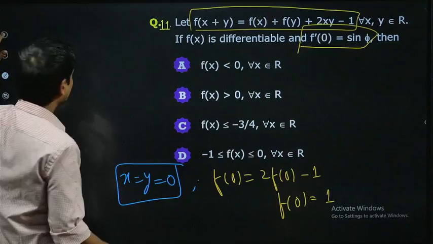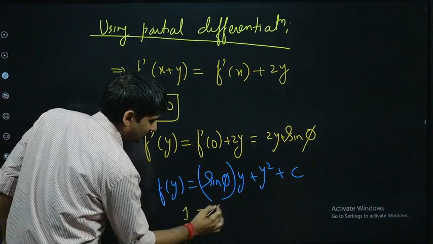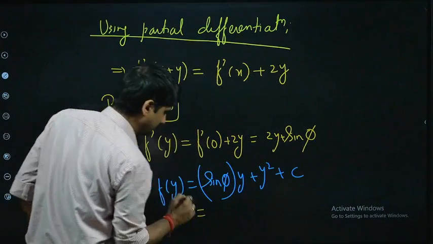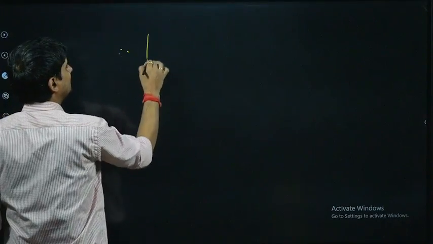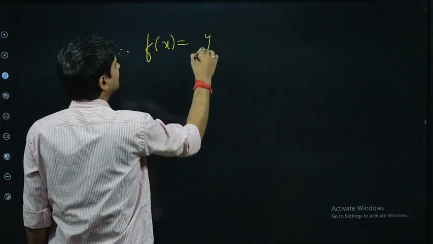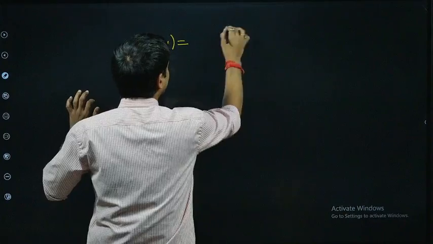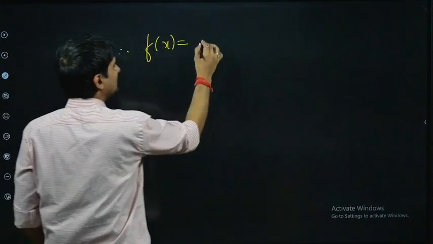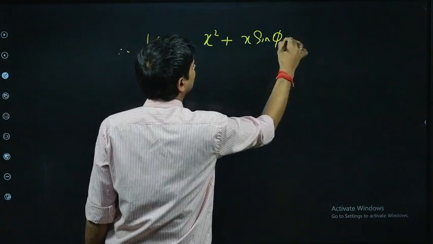So c is 1. Therefore I can write that f of x or f of y is the same thing, isn't that? So it's x square plus x sine phi plus 1.